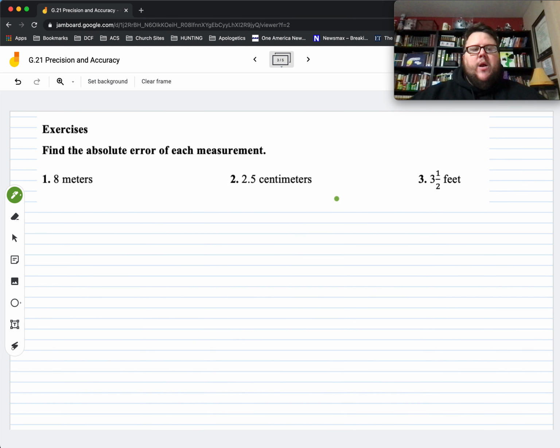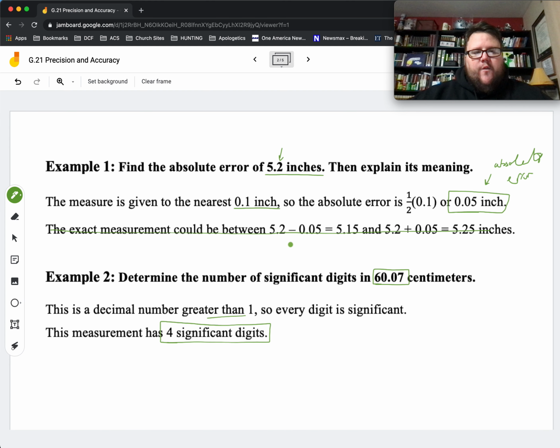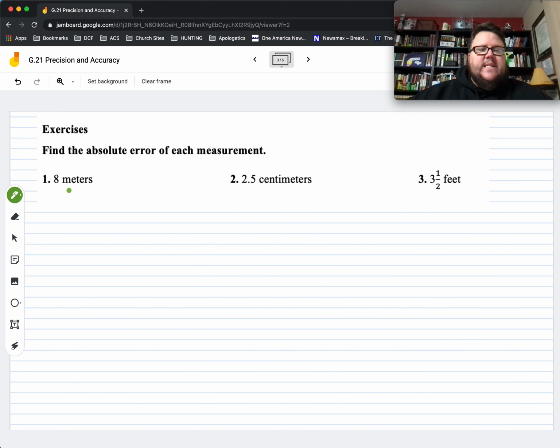I'm going to do a couple problems with you. So 8 meters. Find the absolute error. So our unit is meters, right? And what our unit would be is 1 meter. This means that our unit is given to the nearest meter.